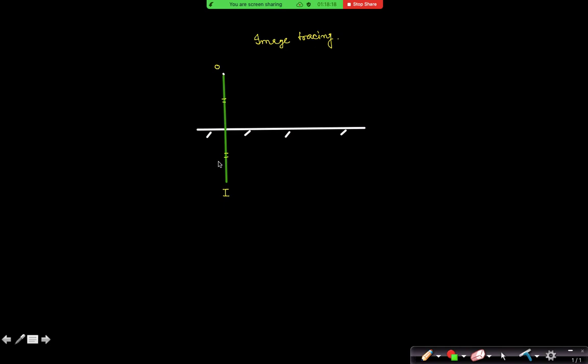So image tracing means drop a perpendicular from the object to the mirror and extend by the same amount, by the same length. You will find the image.